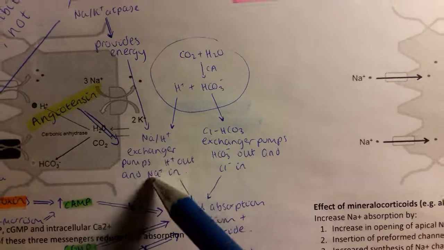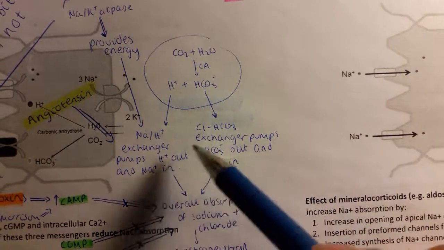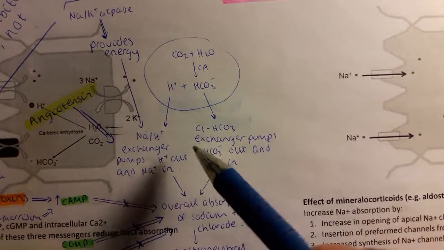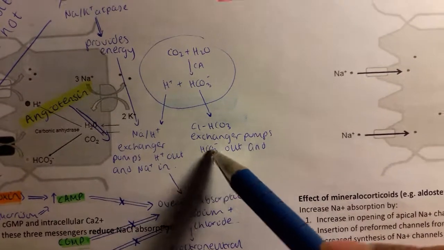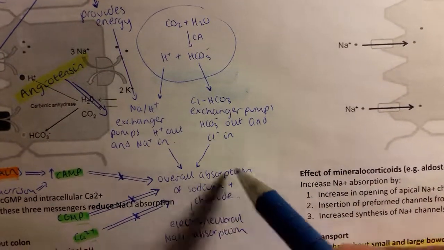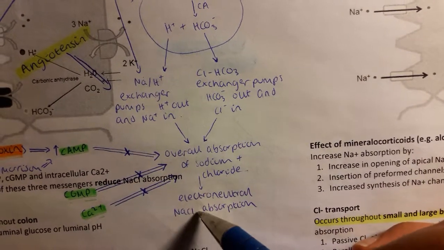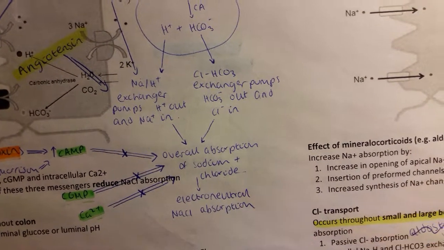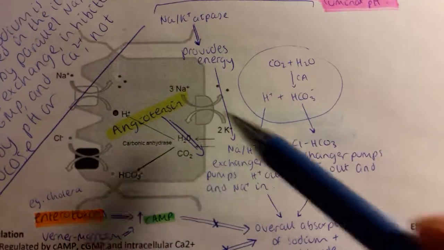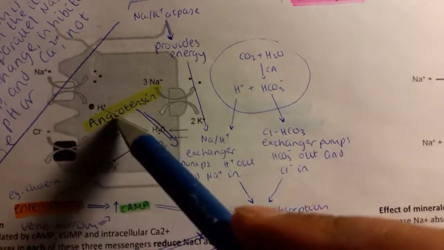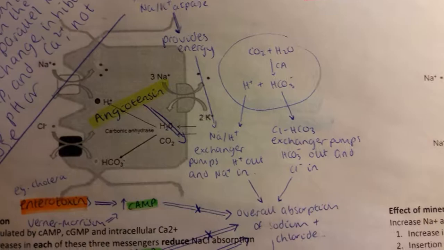Well, proton is pumped out, bicarbonate is pumped out, so it's electroneutral. And what comes in? Well, sodium comes in and chloride comes in. So overall absorption of sodium and chloride, electroneutral sodium chloride absorption. And again, its absorption of sodium chloride is stimulated by angiotensin.